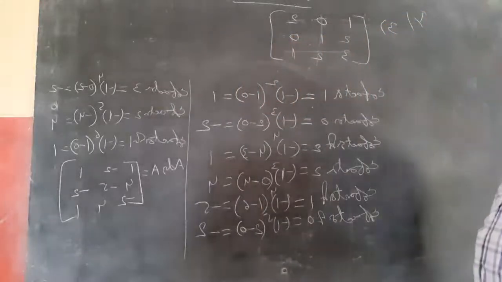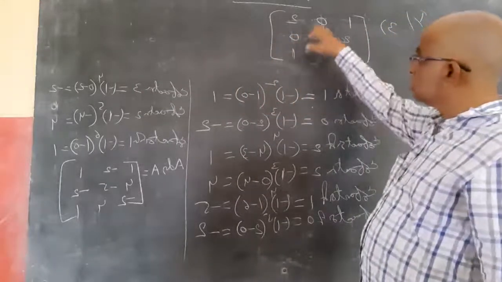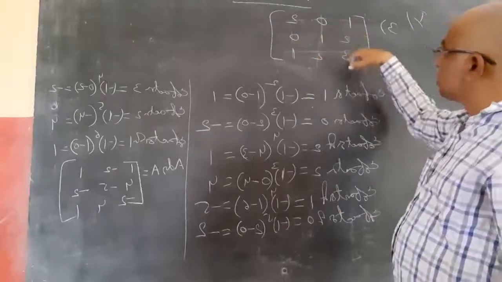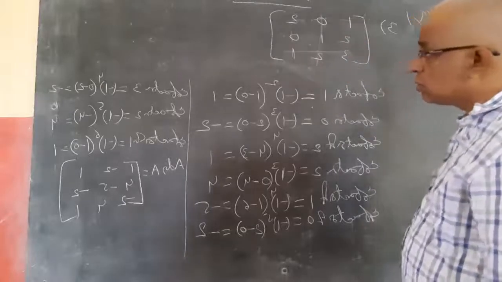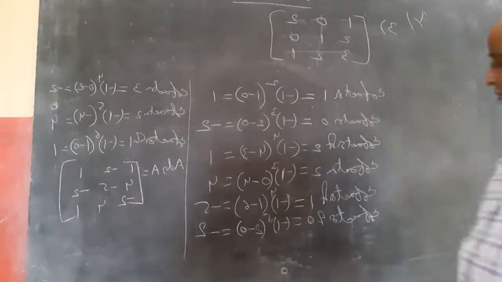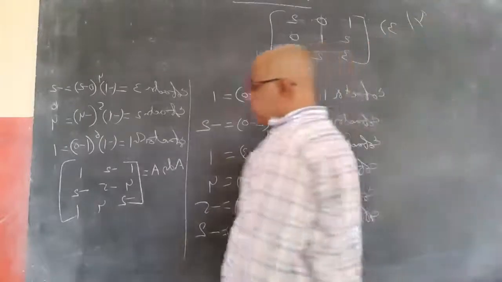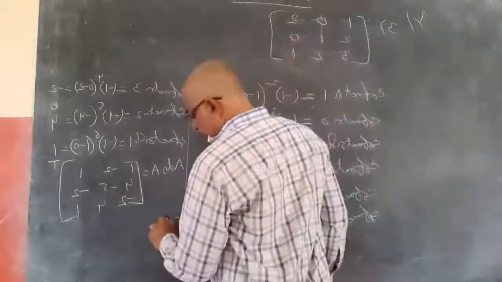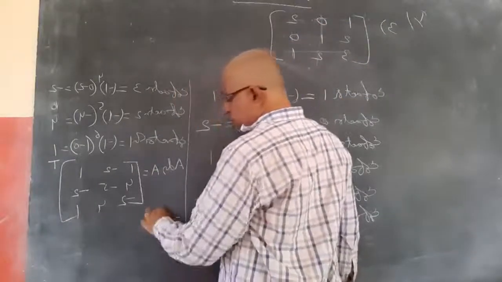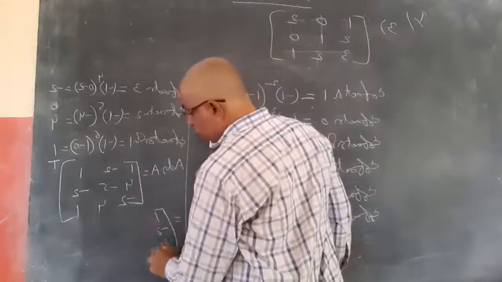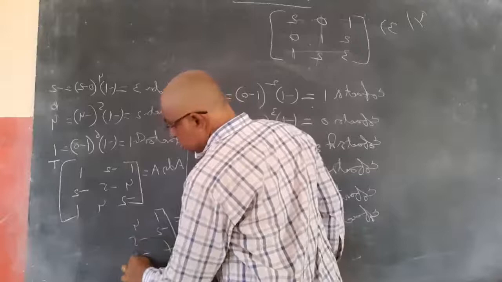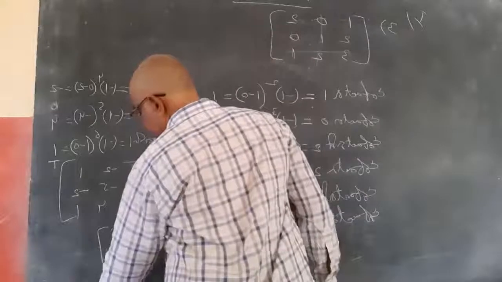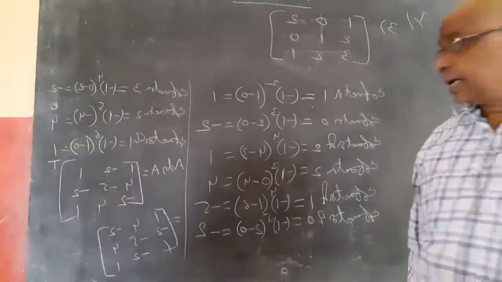Now the transpose of this gives you adjoint A. Transposing means writing rows into columns, columns into rows. Now adjoint A becomes 1, -2, 1; 4, -5, -2; -2, 4, 1. This is adjoint A.